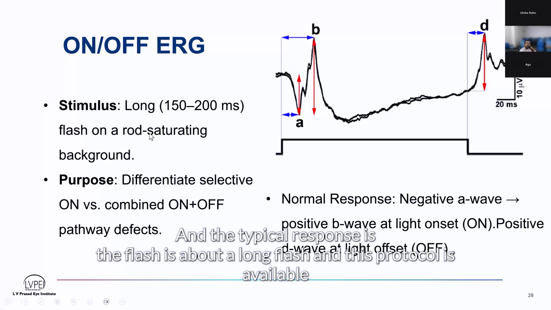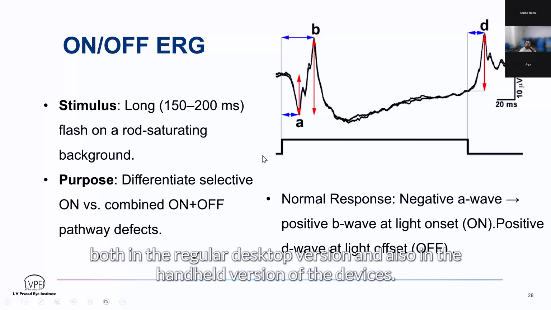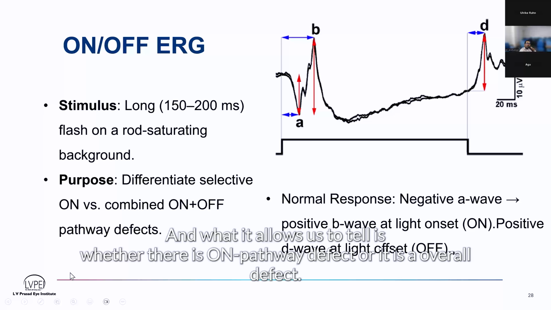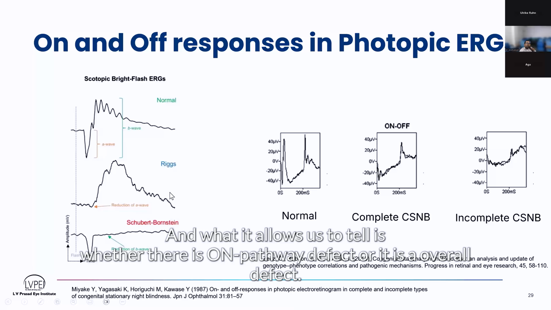The flash is a long flash, and this protocol is available both in the regular desktop version and in the handheld version of the devices. What it allows us to tell is whether there is an on pathway defect or an overall defect.